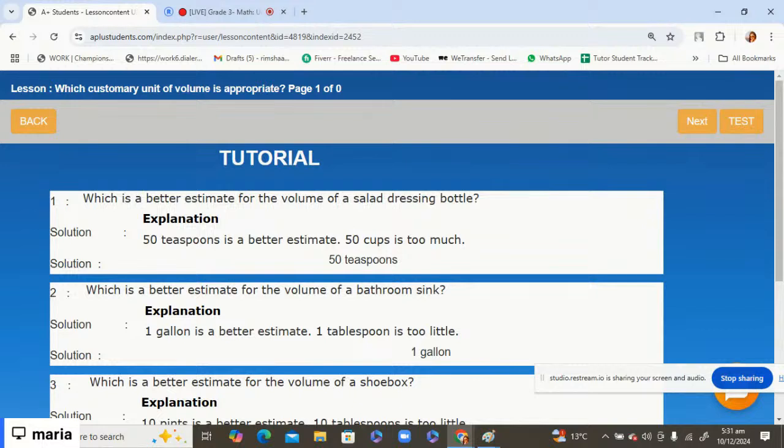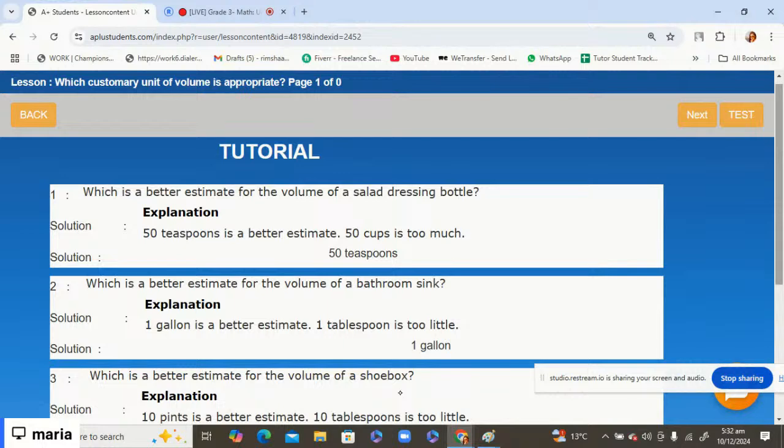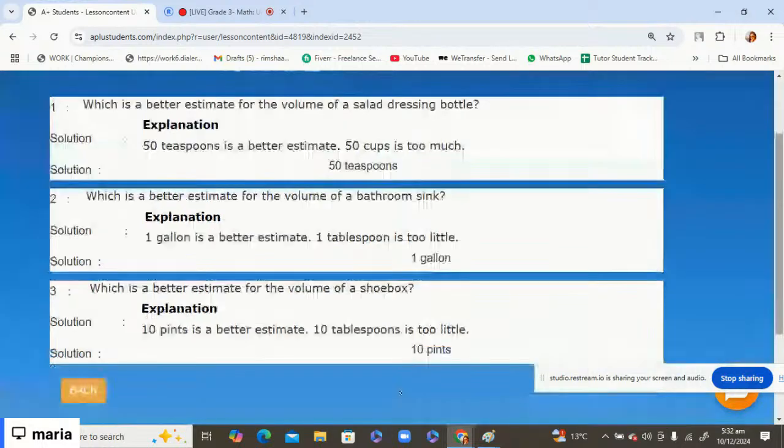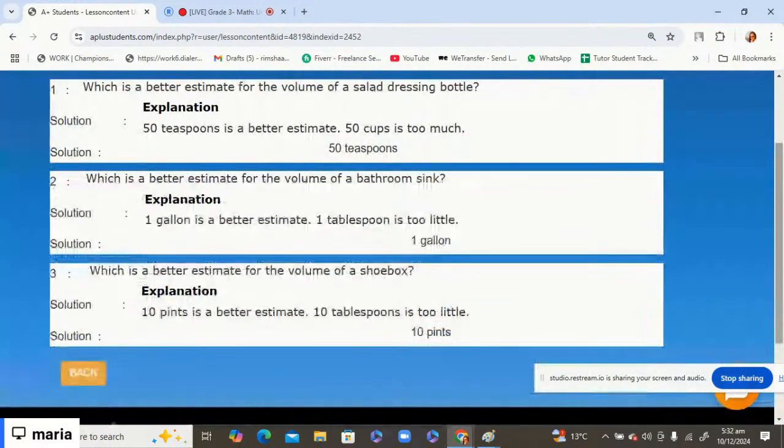It's measured in teaspoons. Got it? A bathroom sink is a big thing, which is in the form of gallons. Then the volume of the shoe box is smaller than that, so we are using the pints for that.